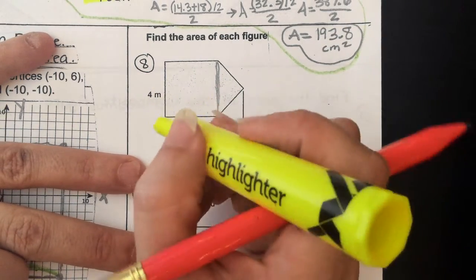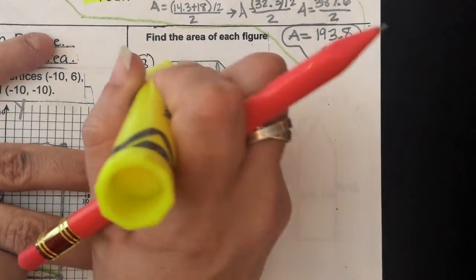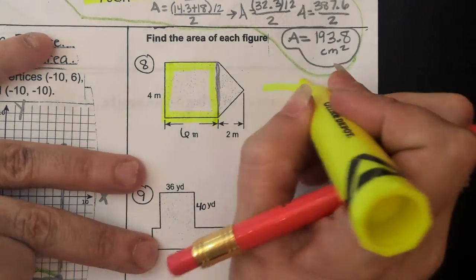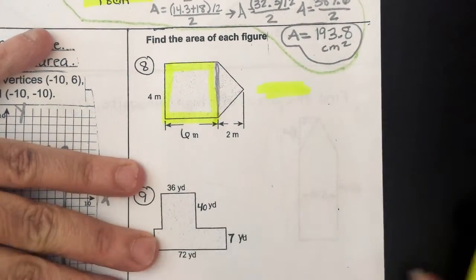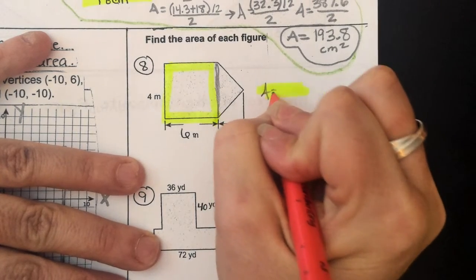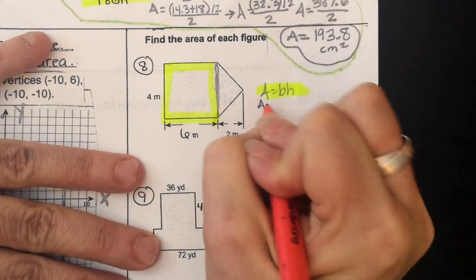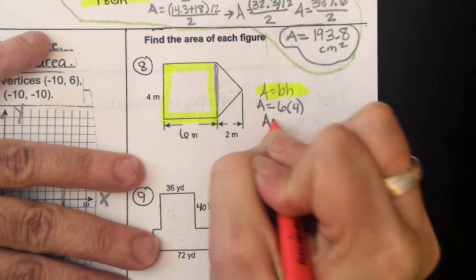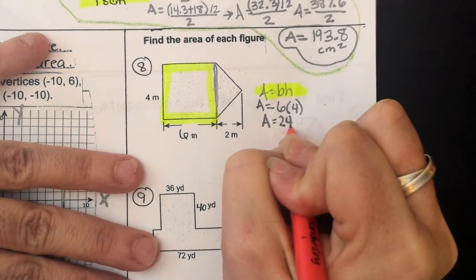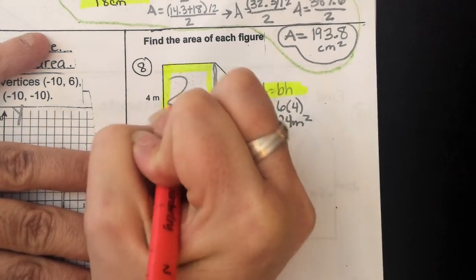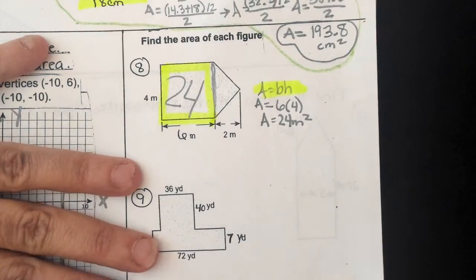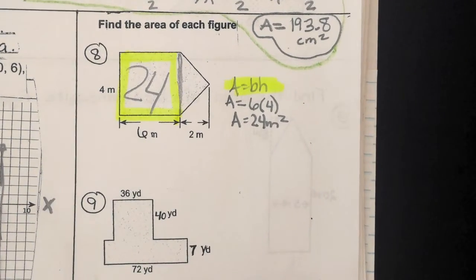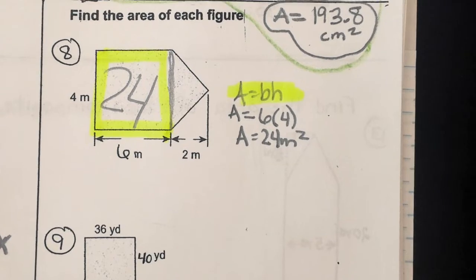Okay, I need a base and a height. What 2 numbers? 4 and 6. You got it. And yes, it's 24 meters squared. In fact, I usually do that so y'all know where it applies. Or use color.